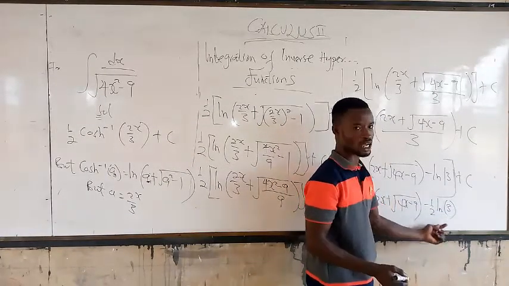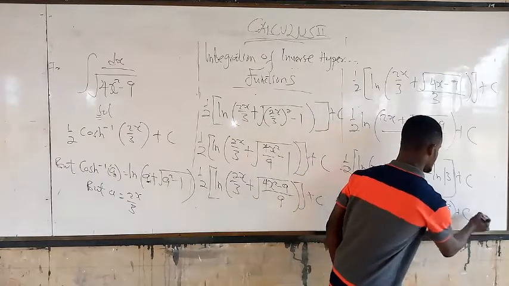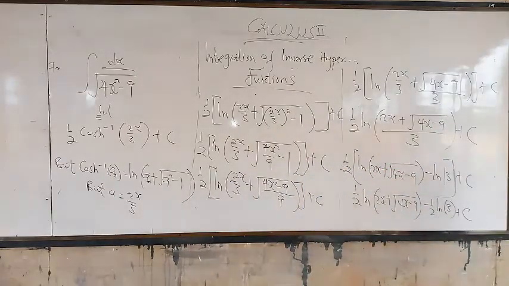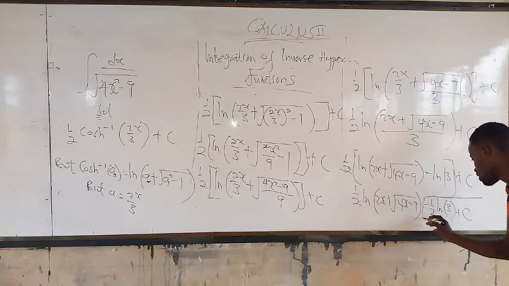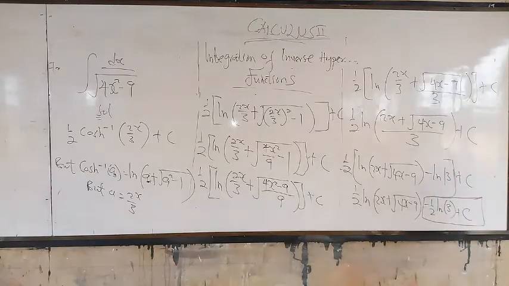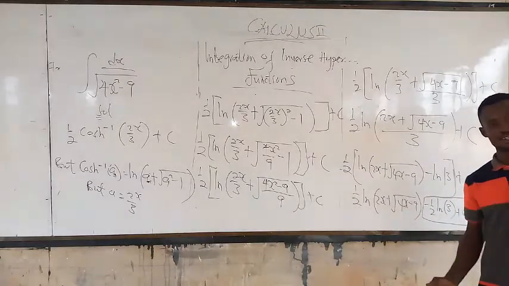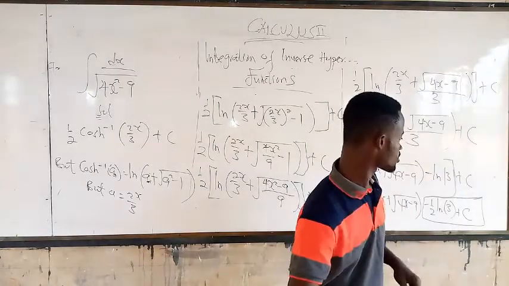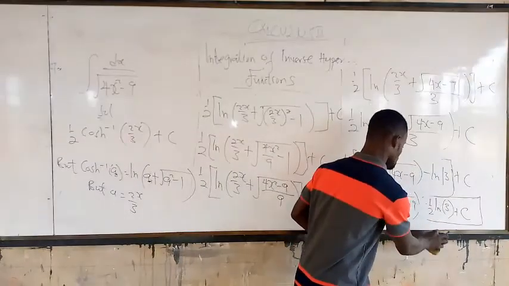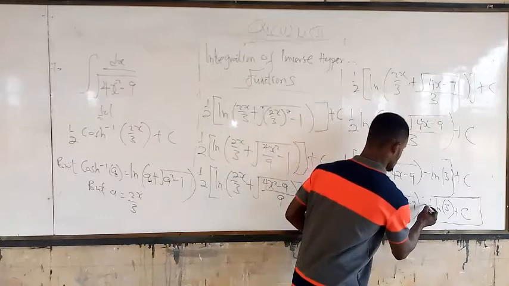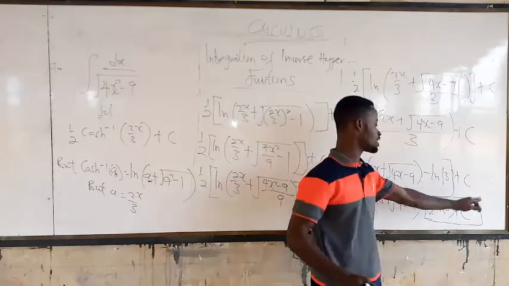Please don't punch your calculator. Plus c. Now watch. What does a constant mean? Constant means a constant. So everything here is a constant.